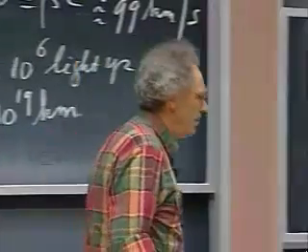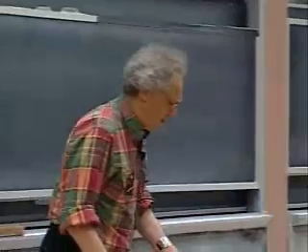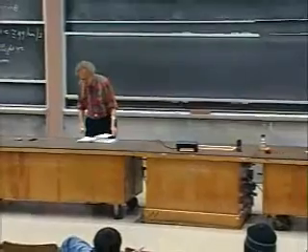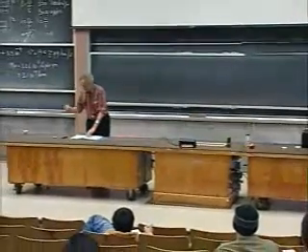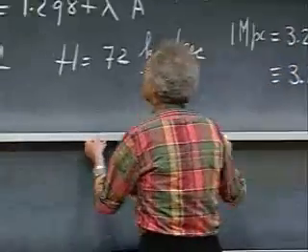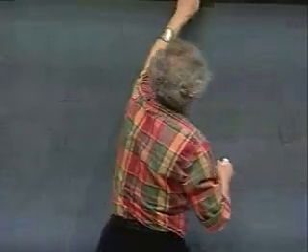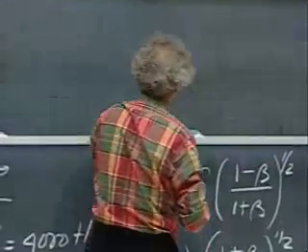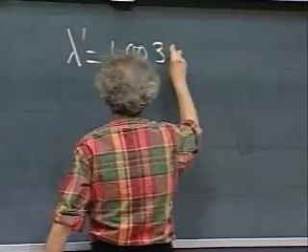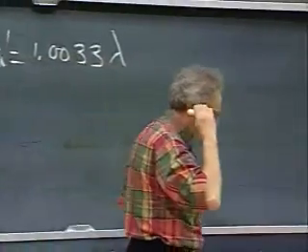So I can calculate for a specific galaxy that I have in mind the distance if I know the redshift. I have a particular galaxy in mind for which lambda prime is 1.0033 times lambda. So notice again that the wavelength that I receive is indeed longer than lambda, so there is a redshift.